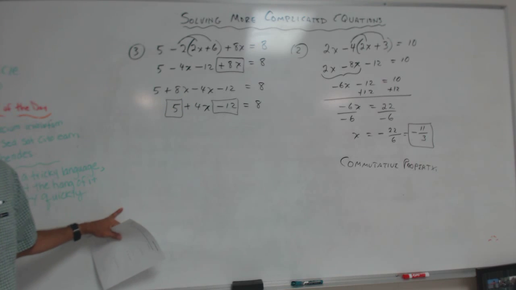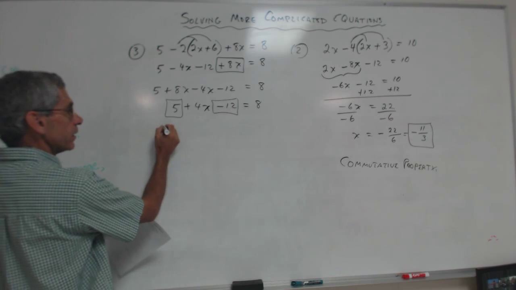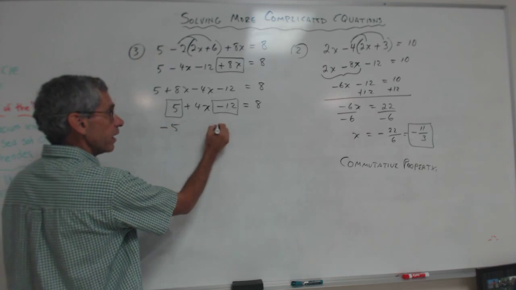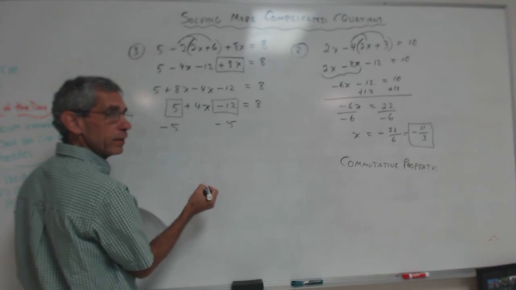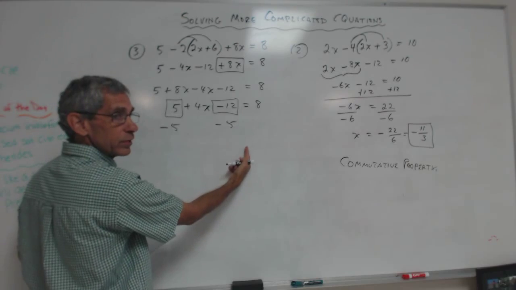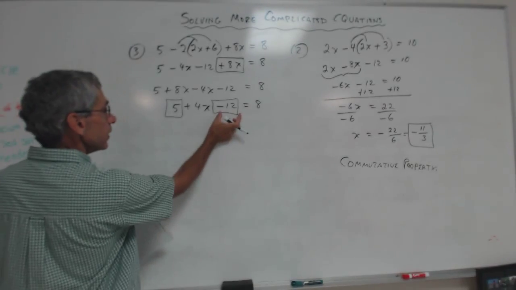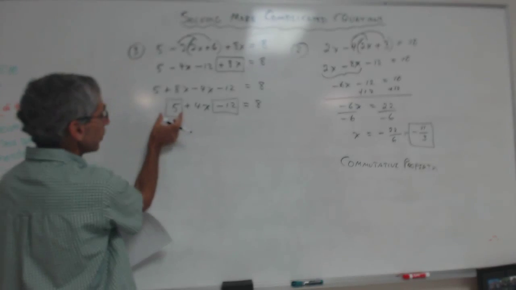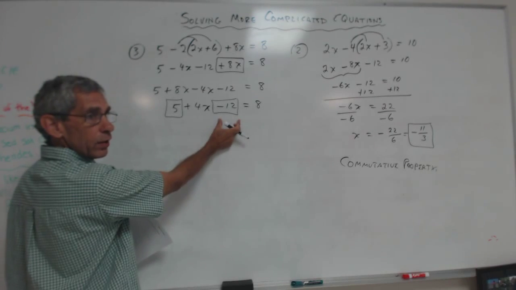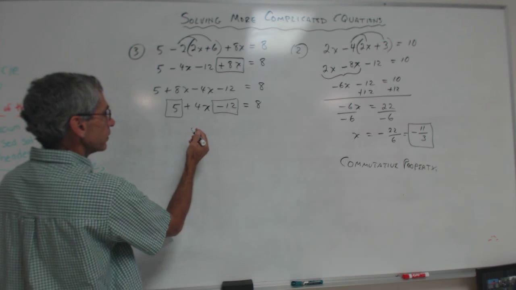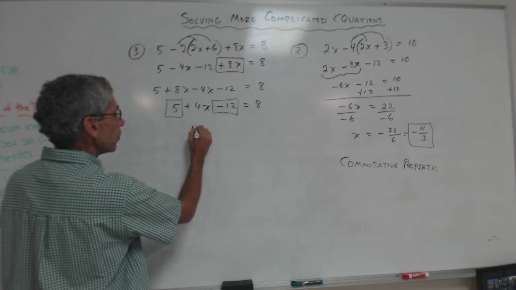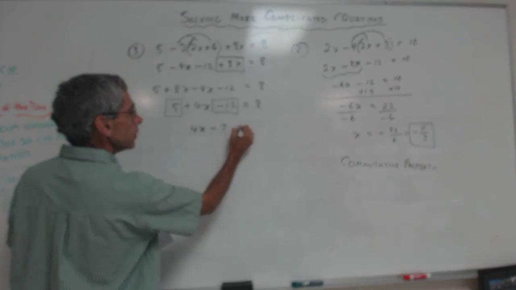Does this make sense? I don't want to do this, negative 5, negative 5. That's on the same side of the equal sign, right? You don't want to make that mistake. These are on the same side, so I just combine them. What is 5 minus 12? Negative 7. Okay, so we've got 4x minus 7 equals 8.